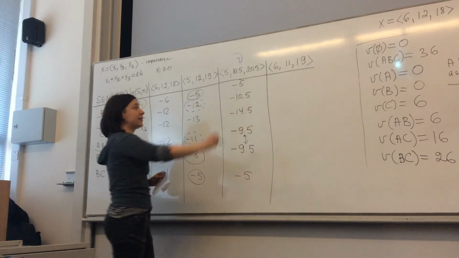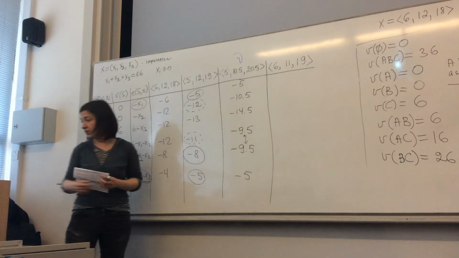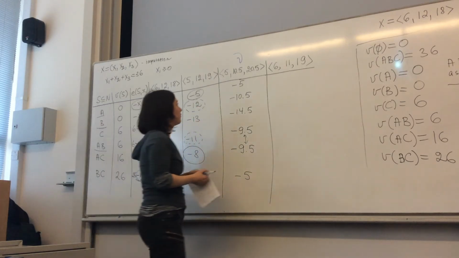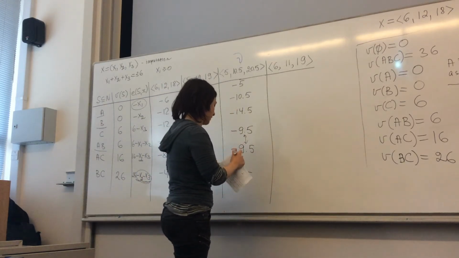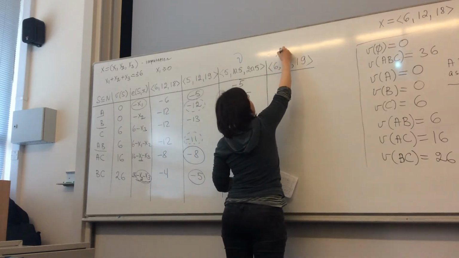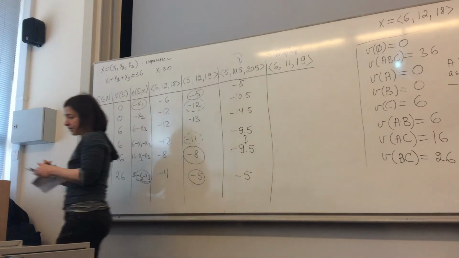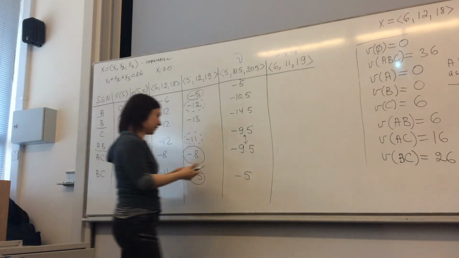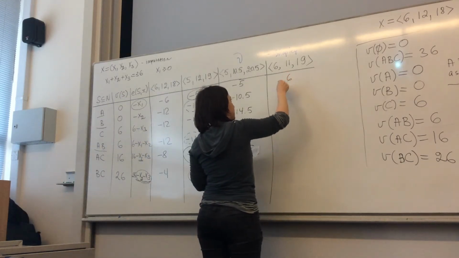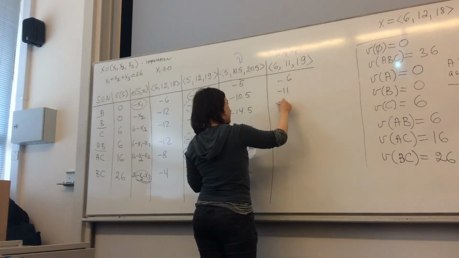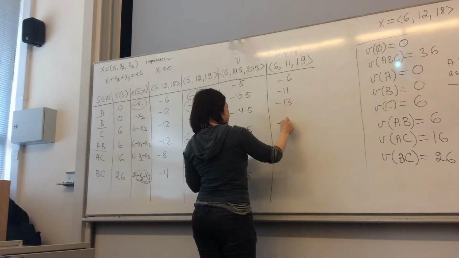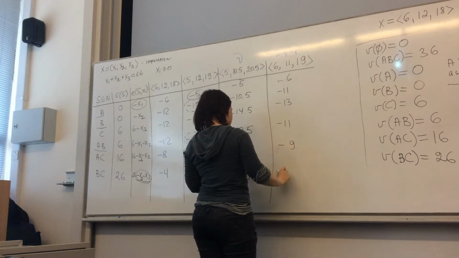So not quite the same as the nucleolus, but not far from it. And it gives us excesses of -6, -11, -13, -11, -9, and -4.